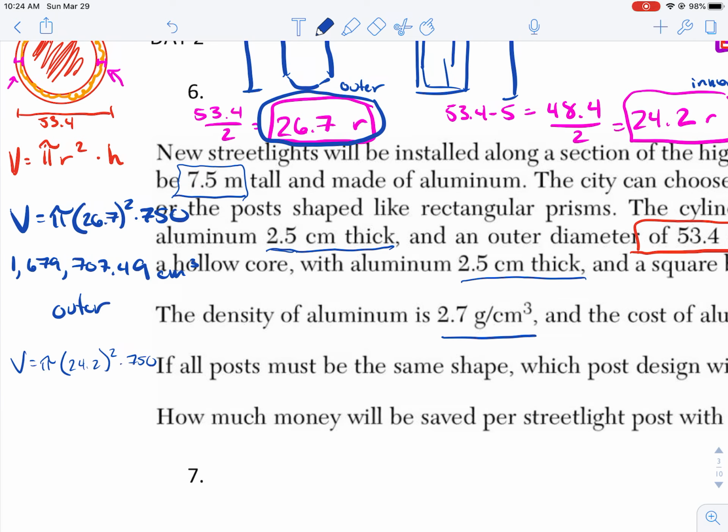Huh. I'm not getting the same answer I got earlier. That's weird. All right, so I'm just going to go 1,679,707.